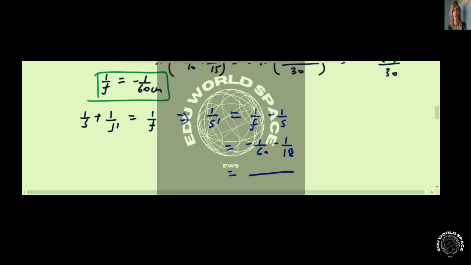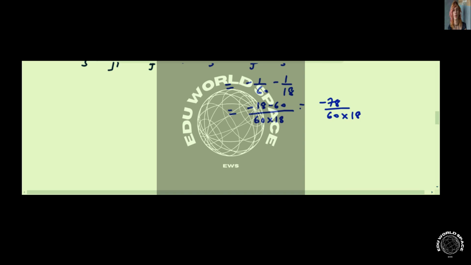So we will be having the LCM, no problem, let us write only 60 into 18, which means it will be minus 18, minus 60, so minus 78 by 60 into 18. Which means 1 by s dash equal to minus 78 by 60 into 18.